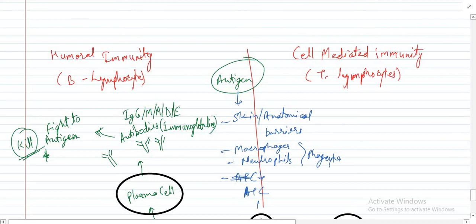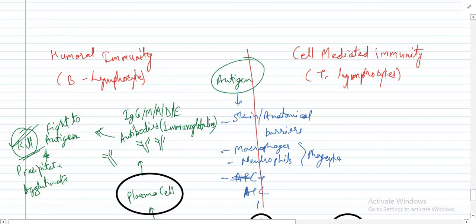This process comes under the humoral immunity of the immune system. Either they kill them, or they precipitate them, or they agglutinate them. We will discuss all these points later on.